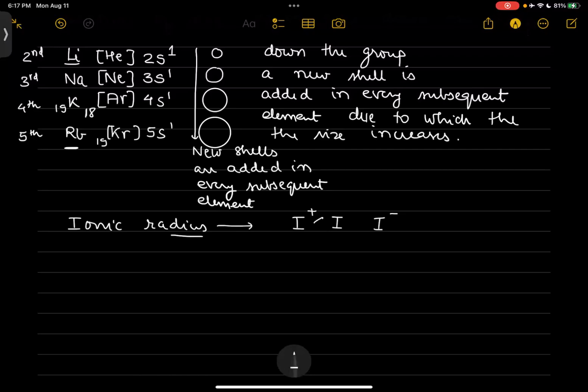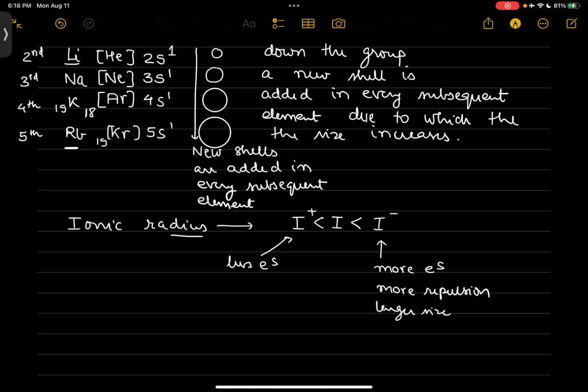Exactly. The cation has fewer electrons than the parent atom, so it has a smaller size, and this one will have a larger size. Got it?